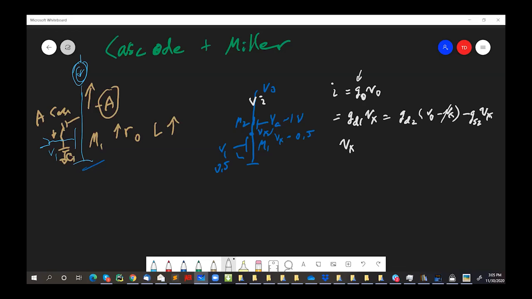So Vx times GD1, I'll move the GS1 over, plus GS2 as the Vx side, equals GD2 times, I mean, I can really leave it out, right? Well, I'll put it over there too.